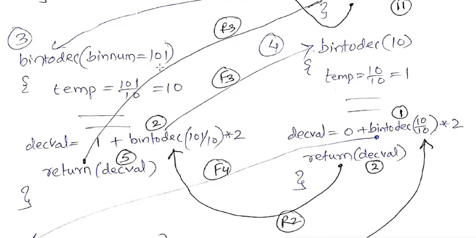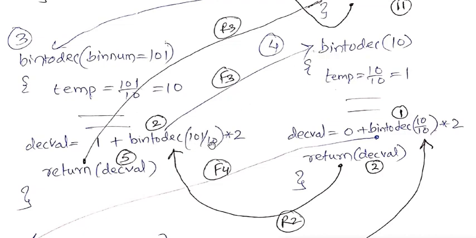So 101 modulus 10 is 1, plus binary to decimal, again called with 101 divided by 10. What is 101 divided by 10? 10.